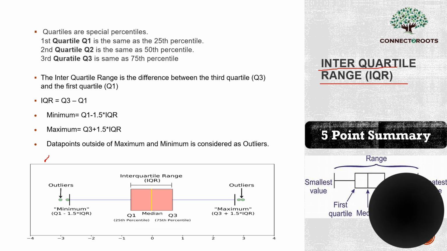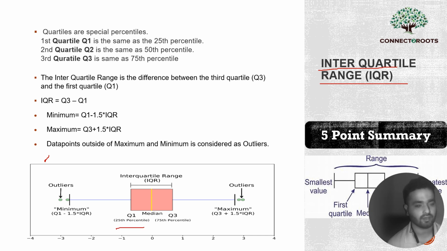In a box plot, we can see there are quartiles, Q1, the median which is Q2, and Q3. Then there are the maximum and the minimum. So what is a quartile? The first quartile Q1 is the 25th percentile.